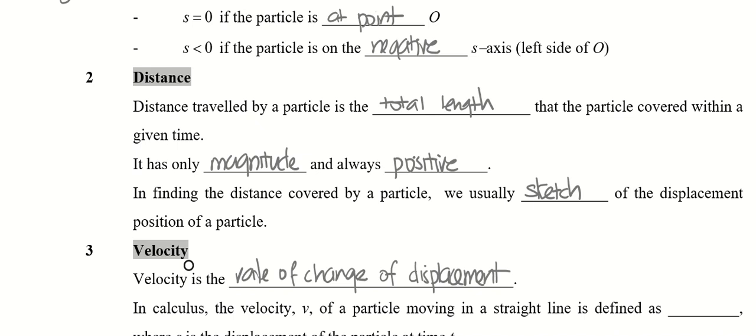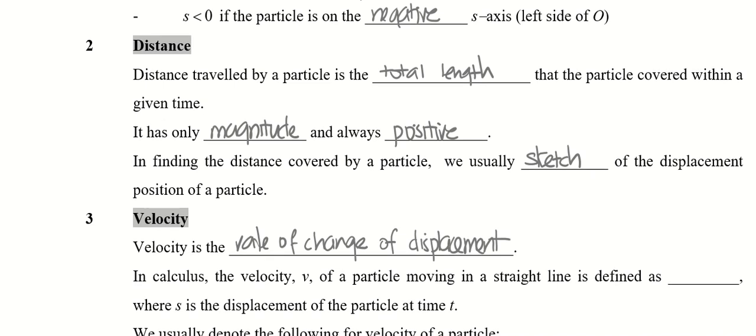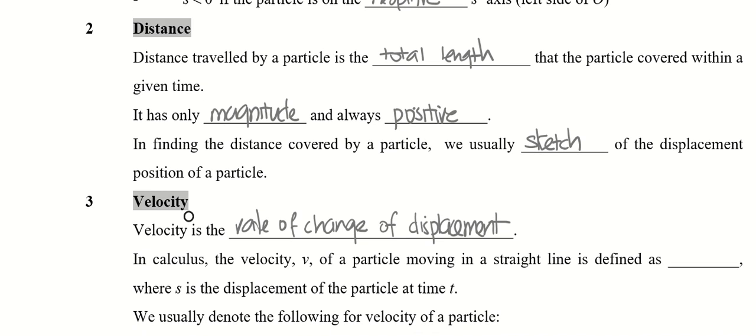But in this case, 99.9% we are looking at velocity, so it's pegged to displacement, not to distance. In calculus, velocity is defined as v equals ds over dt, where s is the displacement of the particle at time t.